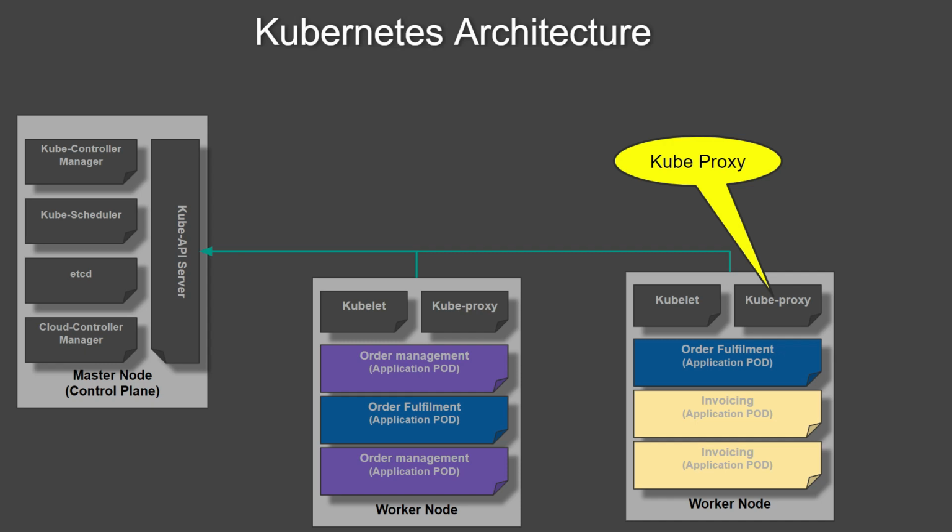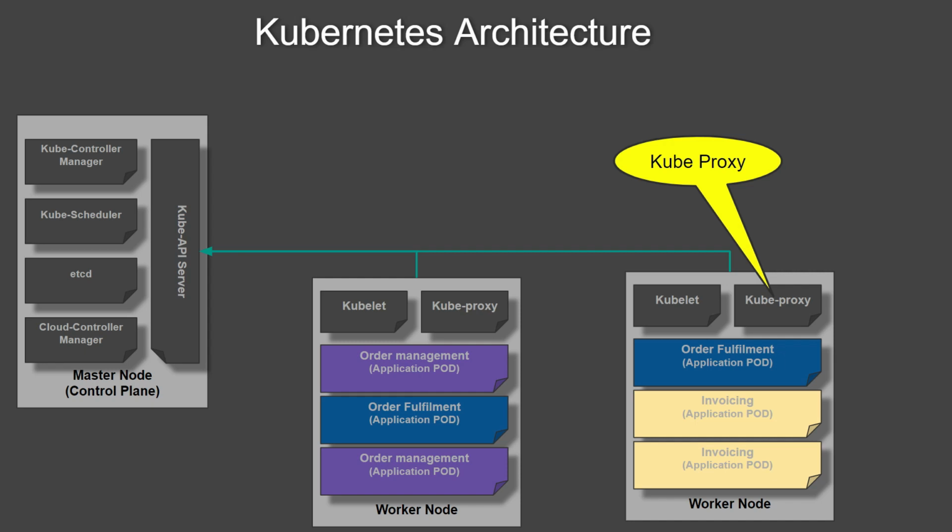Kubeproxy is a network proxy that runs on each node in the cluster. Kubeproxy maintains network rules on nodes. These network rules allow network communication to pods from network sessions inside or outside the cluster.